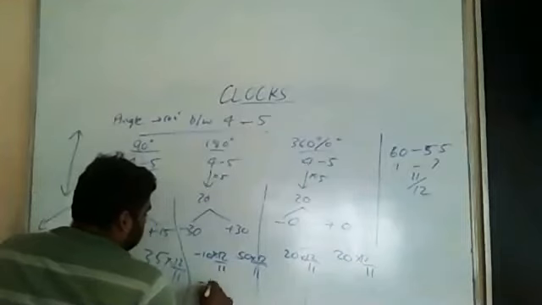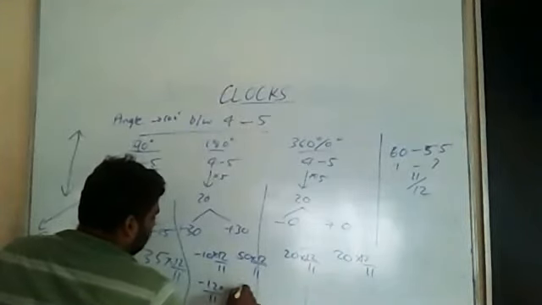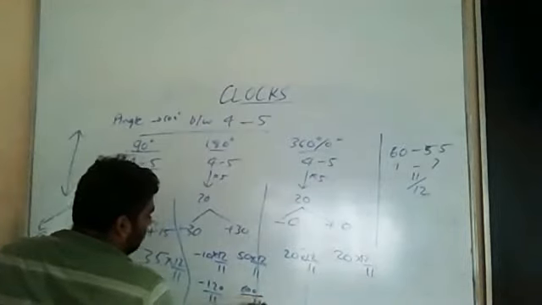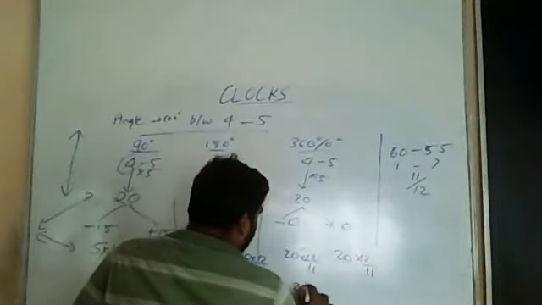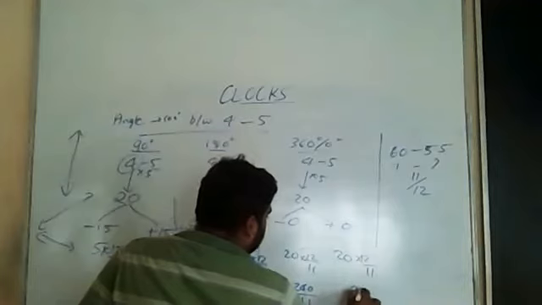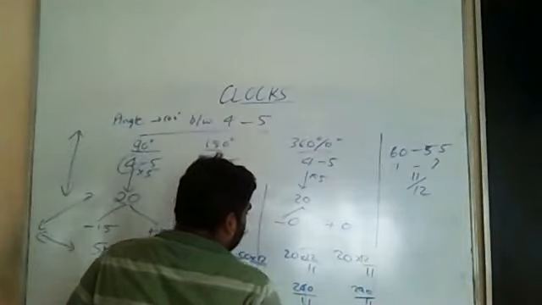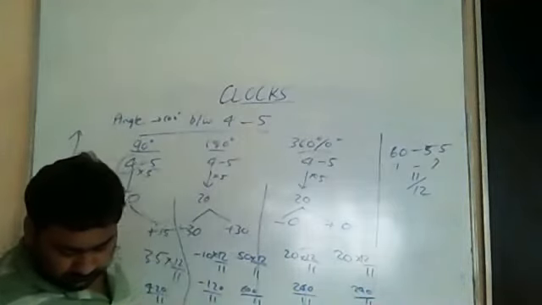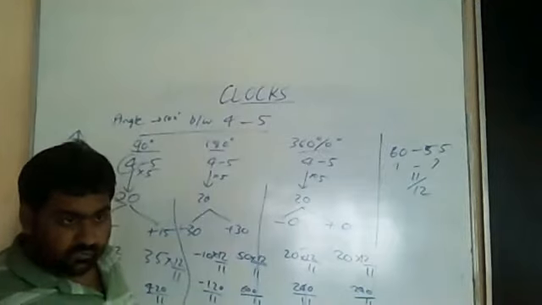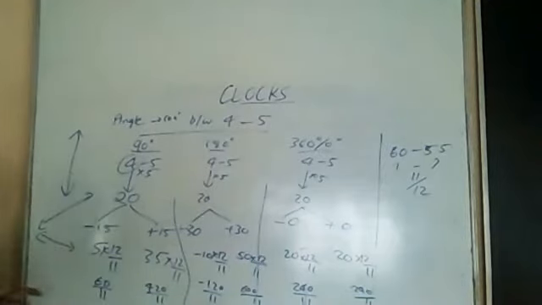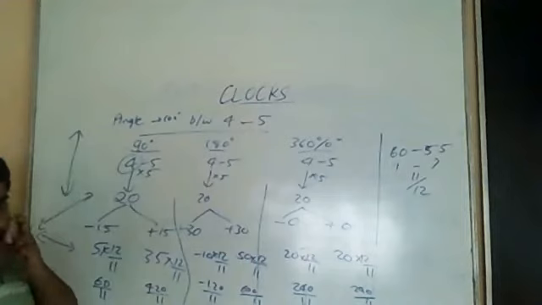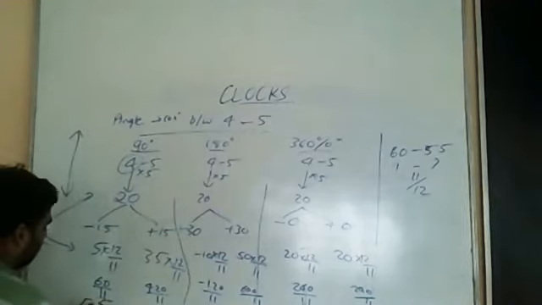You get minus 120 by 11. You get 600 by 11. Here you get 240 by 11. Here you get again 240 by 11. Fine? What is 60 by 11? It is 5 by 11.